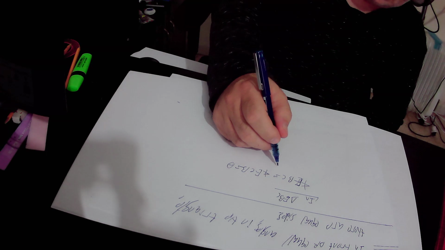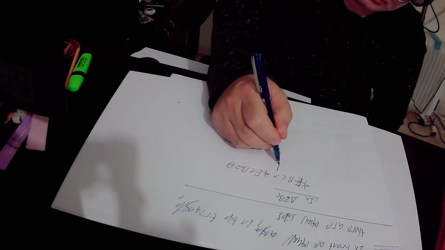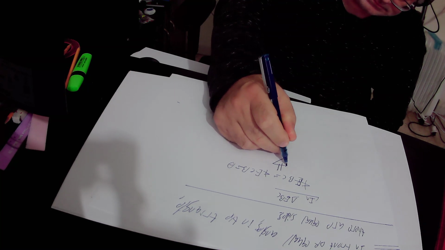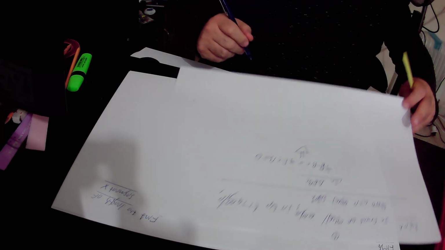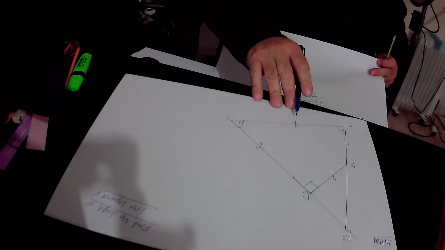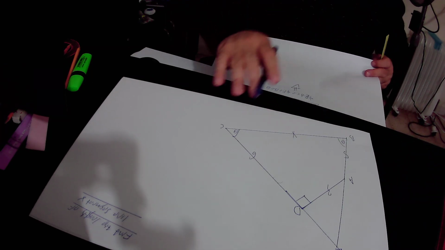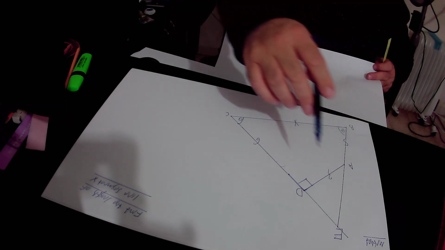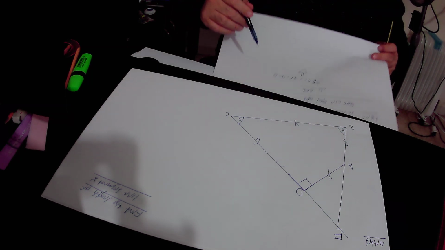So according to rule number 1, we can conclude from it that side EB is equal to side EC.